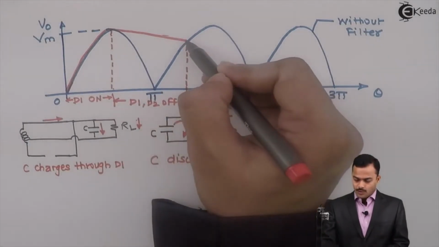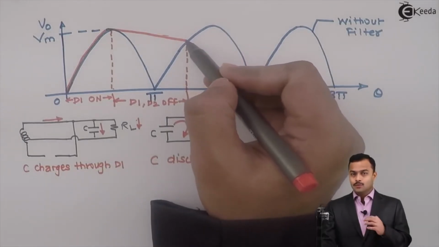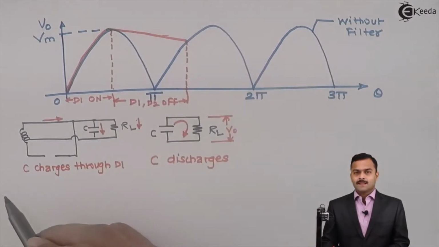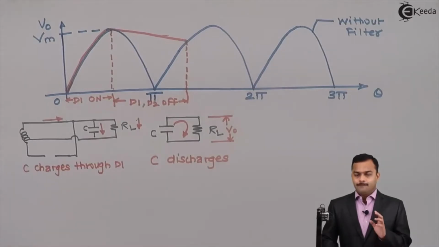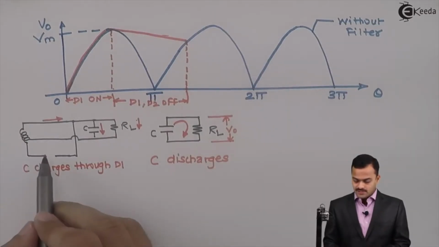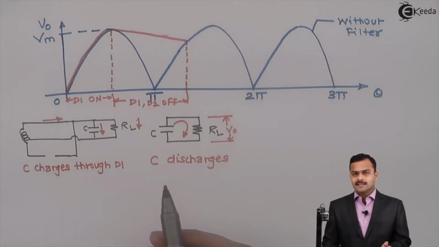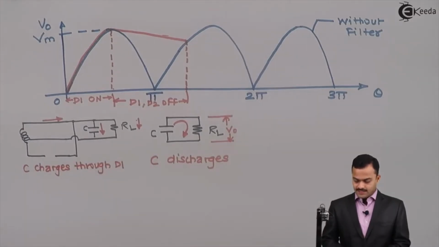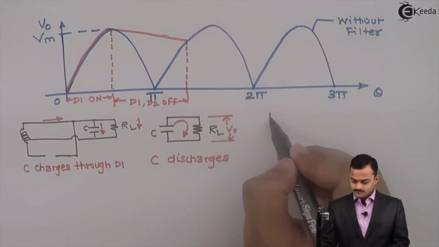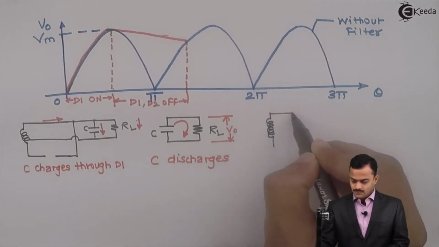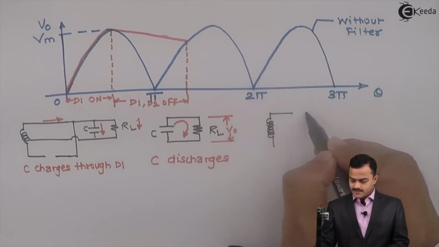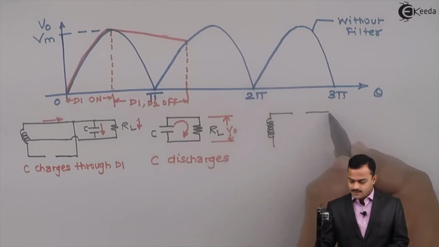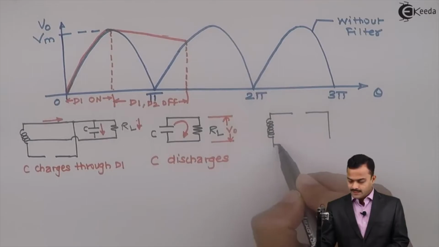But after this point, supply voltage is more than the capacitor voltage. Hence, there will be a positive voltage drop across D2, resulting in forward biasing of D2. So the circuit during this time will be like this. Diode D1 is reverse bias, but D2 will conduct.